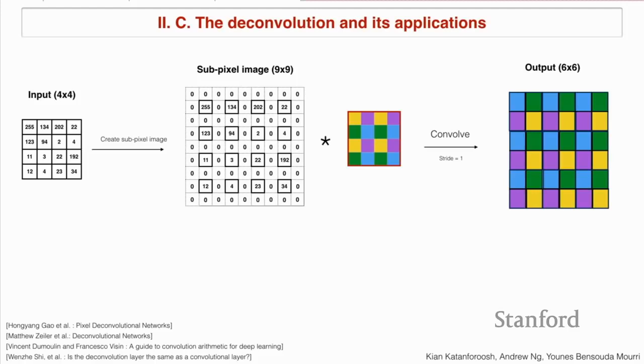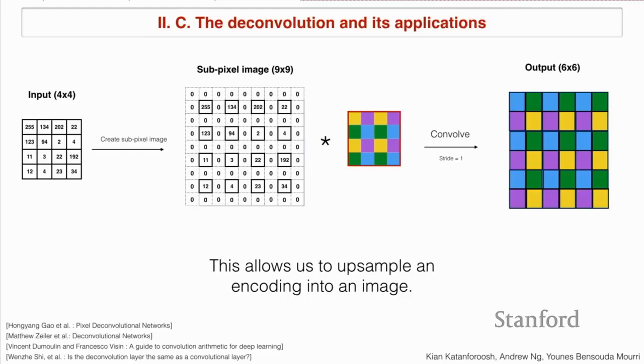So actually, this subpixel convolution or deconvolution could have been done with 4 convolutions, with the blue weights, green weights, purple weights, and yellow weights, and then just put the output of each of these convs and mix them to give out a 6x6 output.